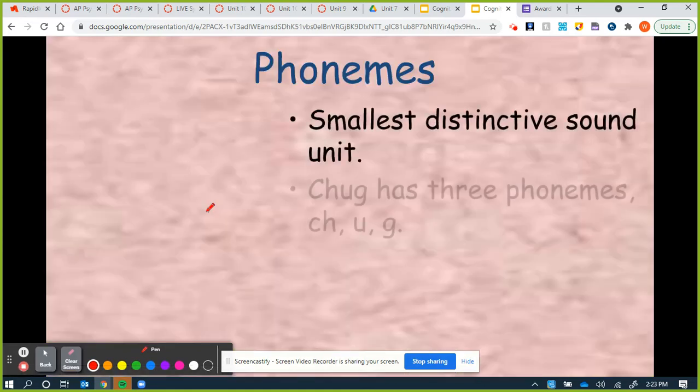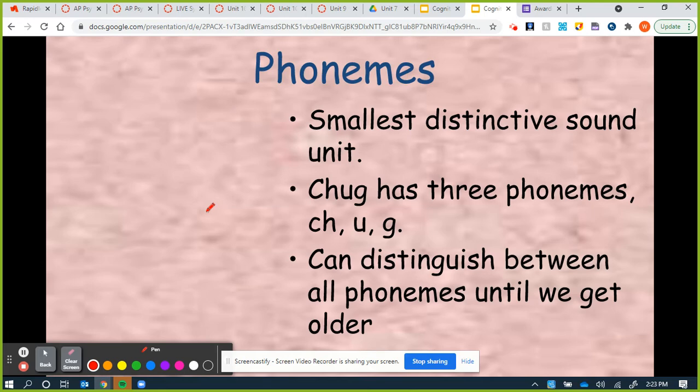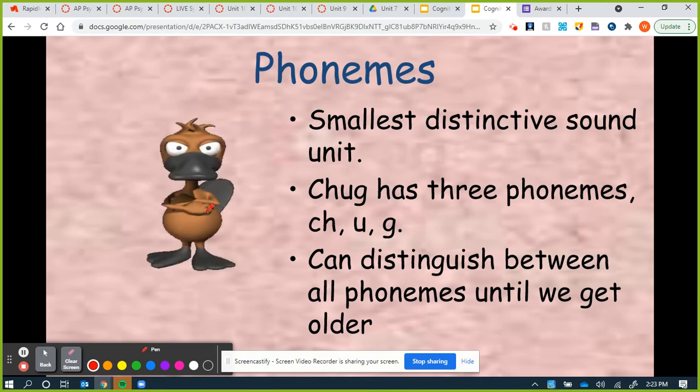All right, so different parts of language, different parts of speech. Breaking it down, the smallest unit of sound in a word is called a phoneme. Think phone: you hear sounds over the phone.